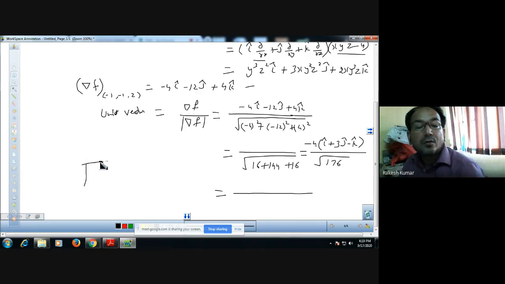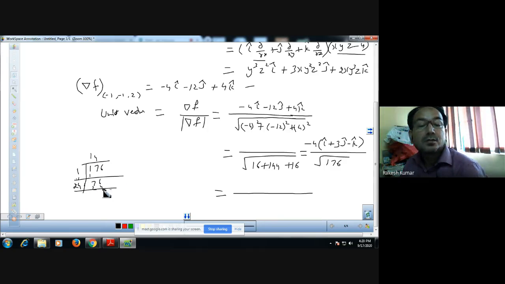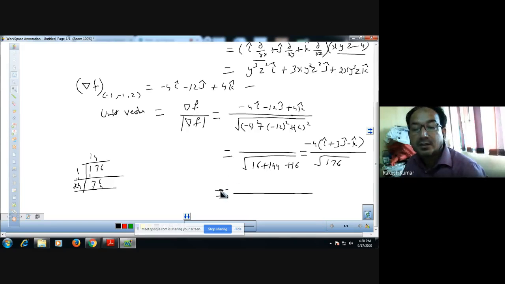The square root of 176. If you don't know how to find the square root, just recall the terms. Now you need to factorize the terms.